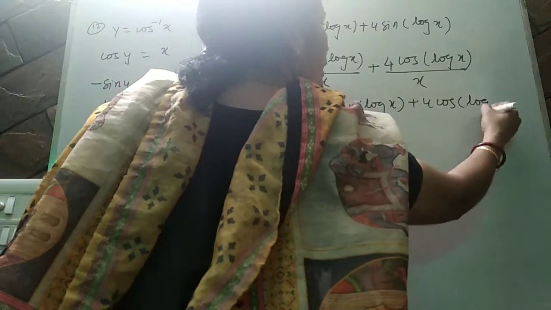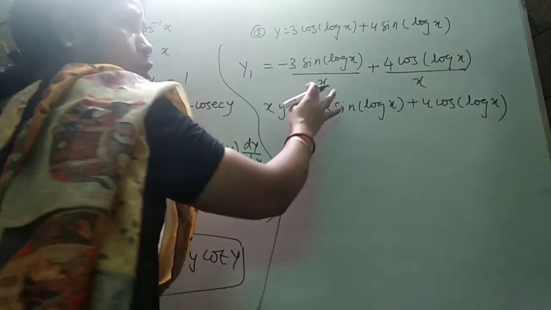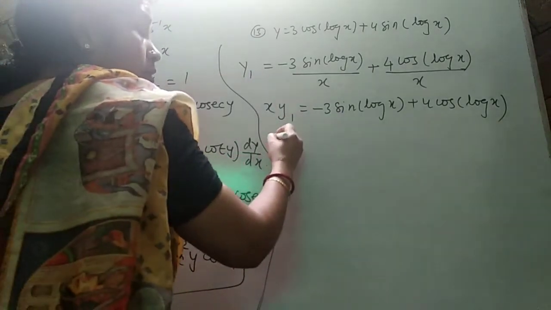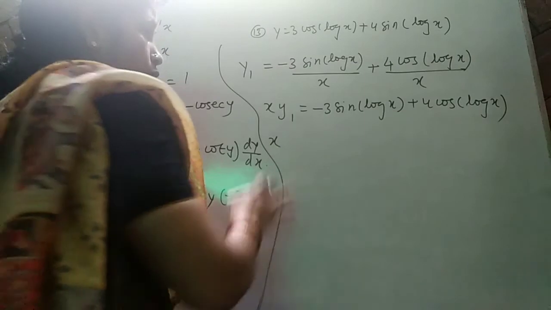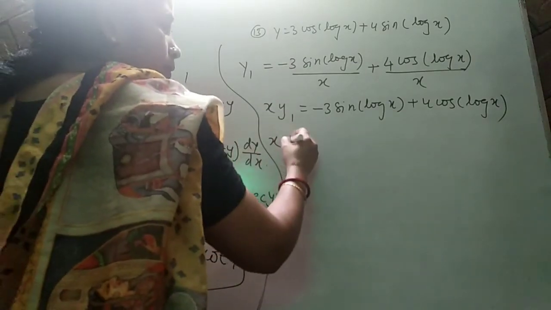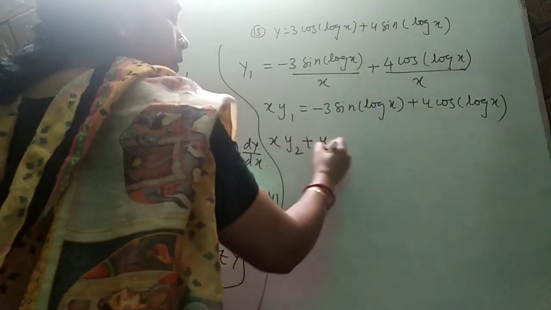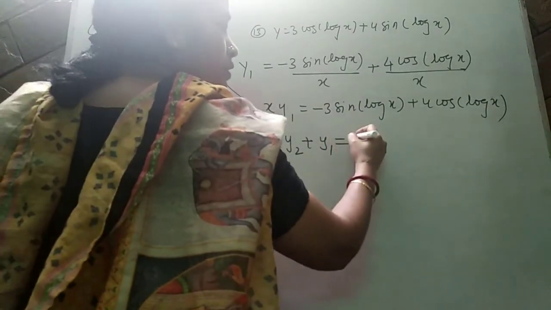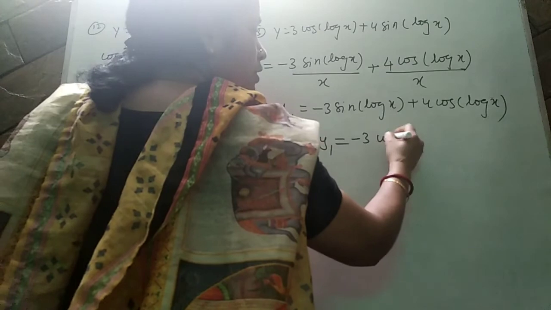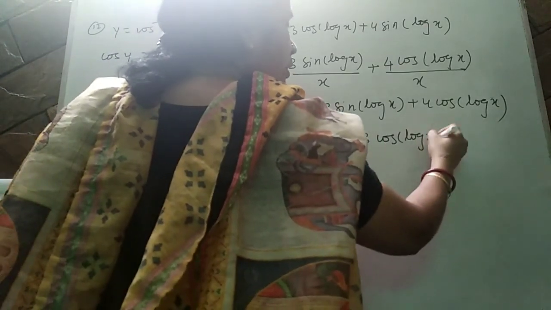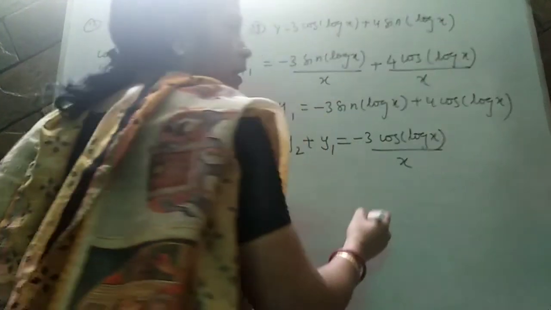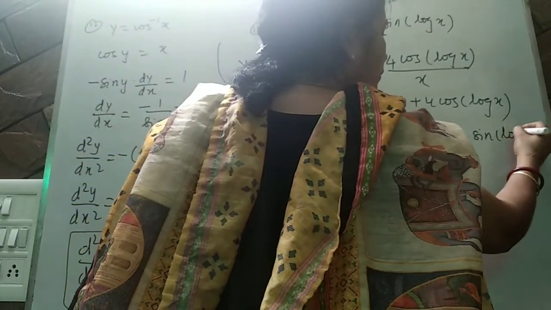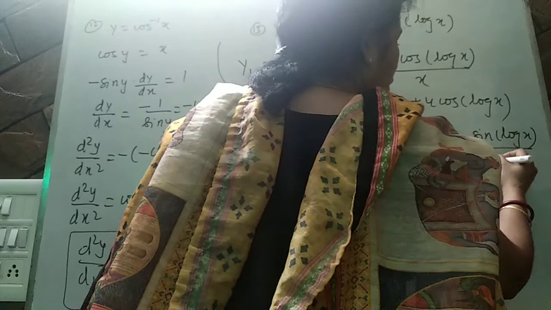Now again go for the second derivative. See, I brought this x to the LHS so that I can use the product rule. That means I can avoid the quotient rule. Now x into y1 differentiation is x y2 plus y1, keeping y1 constant, x differentiation is 1. Now on this side, if I differentiate, minus 3 sine differentiation is cos of log x into 1 upon x. Now minus 4 sine of log x into 1 upon x.